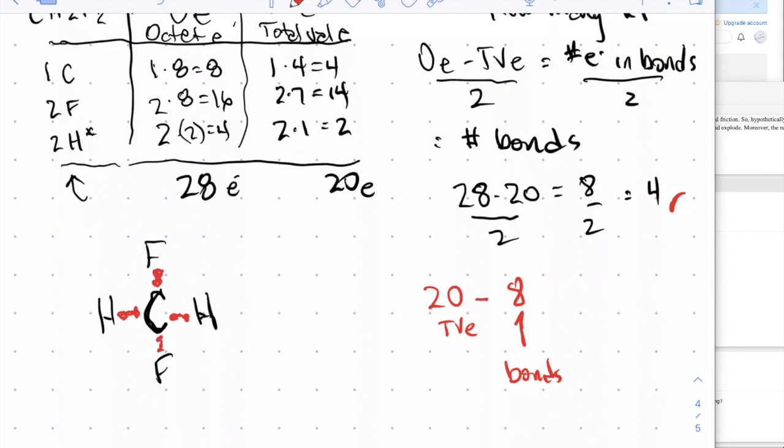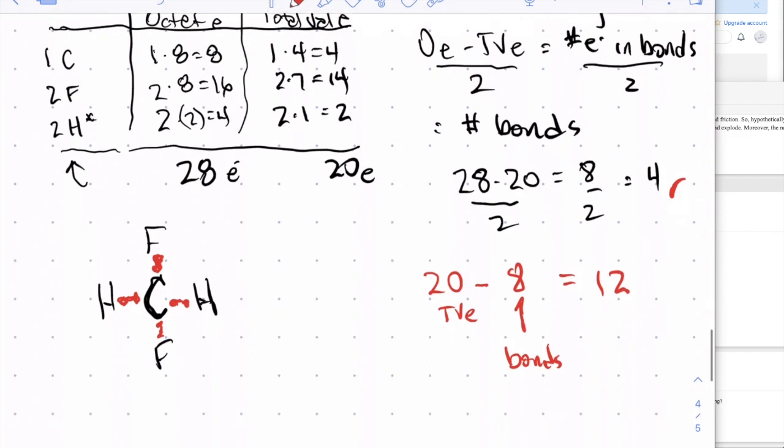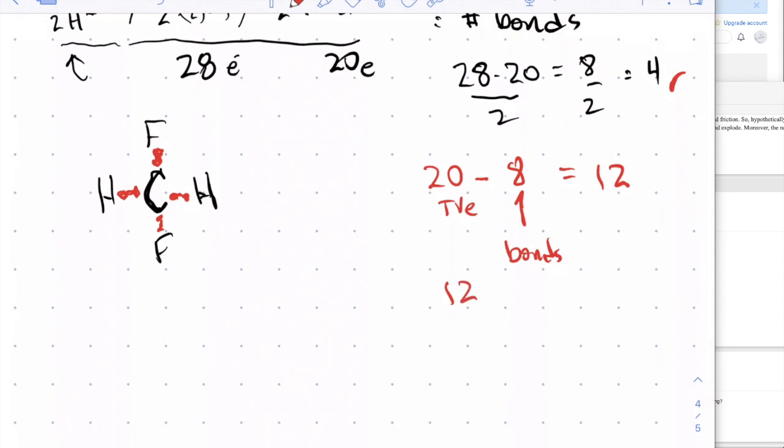That's a total of 8. So when we subtract 8 from 20, what we end up with is 12. That's the number of electrons remaining that we haven't accounted for. If we take 12 and divide it by 2, that's the number of lone pairs. In this particular case, we have 6.